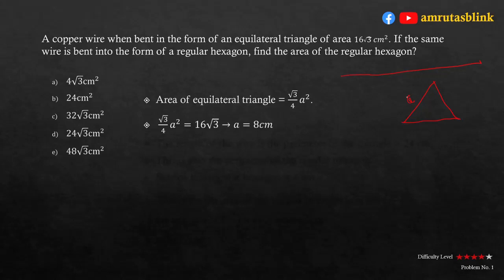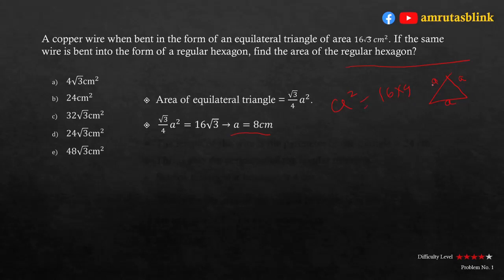Then √3/4 a square is equal to 16√3. If we cancel √3 and √3, we can say that a square upon 4 is equal to 16. That is, a square is equal to 16 into 4, that is 64, and hence a is equal to 8 centimeter. So the side of this equilateral triangle is 8.